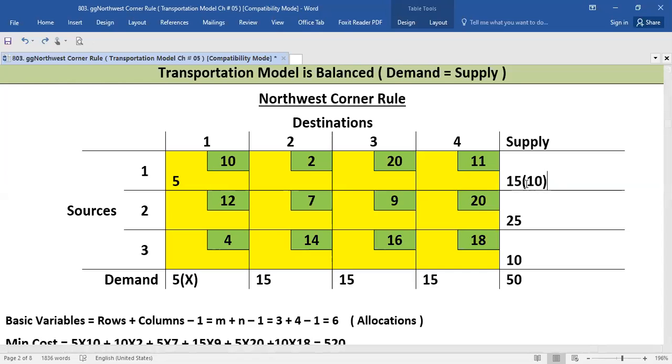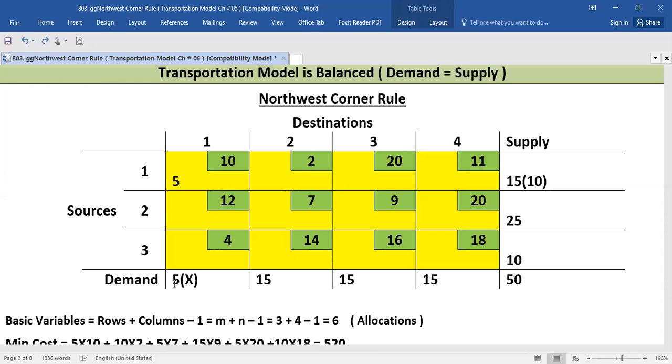Now we move to the other side, the demand side. Here we have put a cross sign. Why? Look, the difference between these two is 0. It means your demand is complete now.